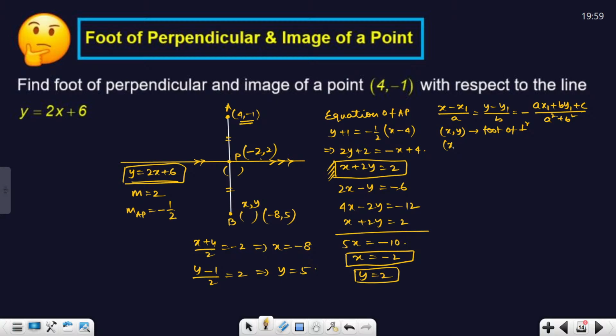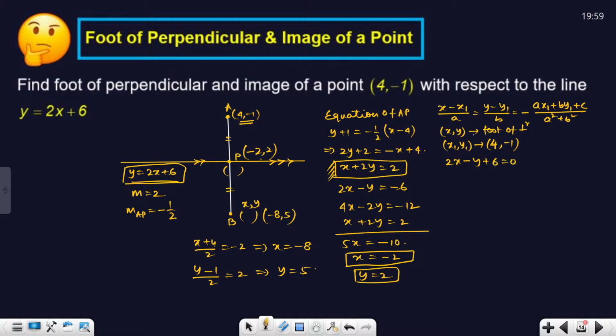What is x1, y1? In this case, our x1, y1 is 4 comma minus 1. That is, x1 is 4 and y1 is minus 1. And what is the equation in this case? The equation is 2x minus y plus 6 equals 0.